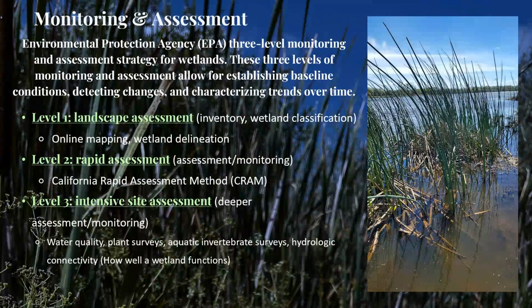Level 2 might require CRAM training, the California Rapid Assessment Method for wetlands. And level 3 entails a lot more in-depth, very highly detailed assessment of the wetlands and different aspects of them. So previous staff have started conducting these, mostly level 1 and 2 assessments, on some of our wetlands. A lot of these do need updates because you need to know the ongoing health of your wetlands, so you have to be updating these as well. And then there are definitely more in-depth assessments that are needed.